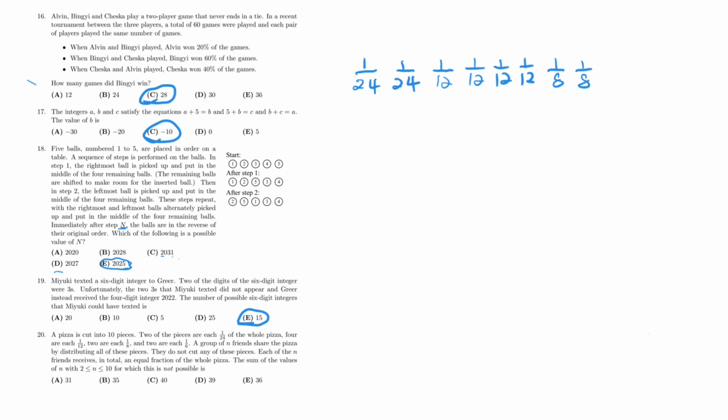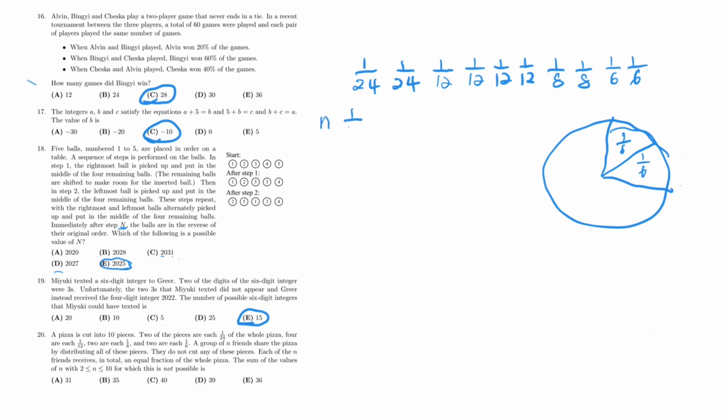And then the 2 are each 1 over 6. That's the total pizza. I just draw a circle for the one pizza. And the n friends share an equal fraction. That's n friends, so the share is 1 over n.